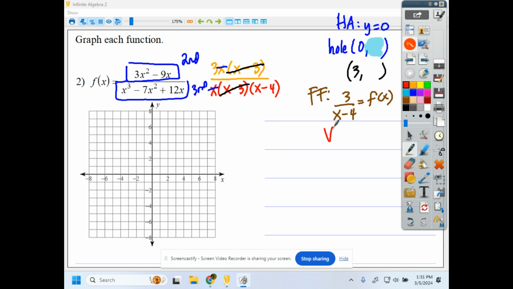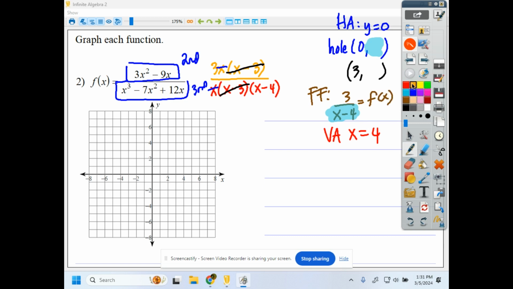Again, you can tell the vertical asymptote from the denominator of the factored form. It's going to be at x minus 4 equals 0. Add 4 on both sides, so you know x equals 4. Let's complete the holes.